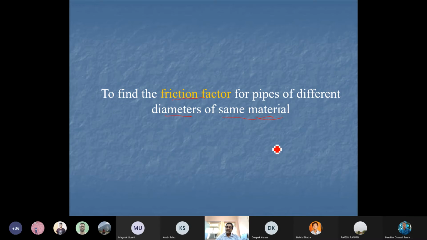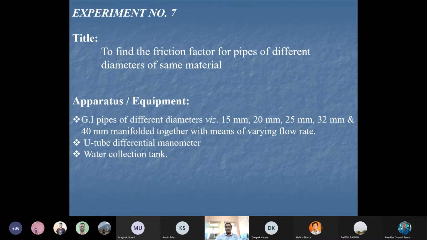So the size of the pipe we can design to supply water. In this experiment, we have 5 different diameter pipes of the same material: 15 millimeter, 20 millimeter, 25, 32 and 40 millimeter, arranged in such a way that water is supplied with varying discharge conditions.